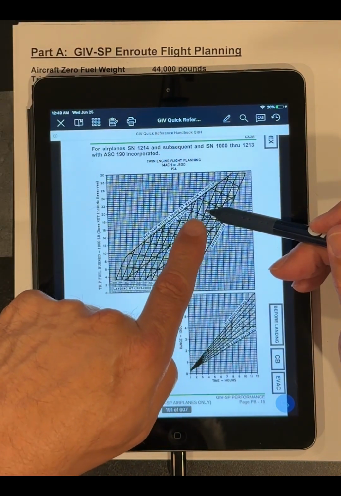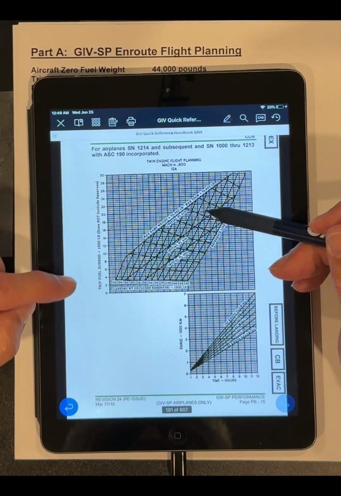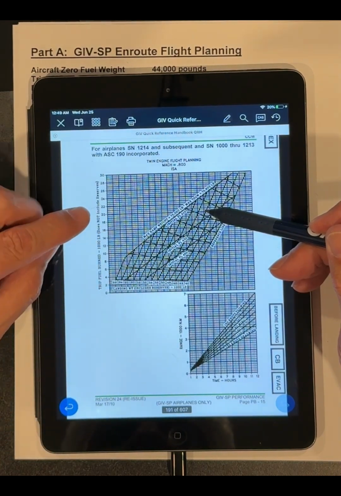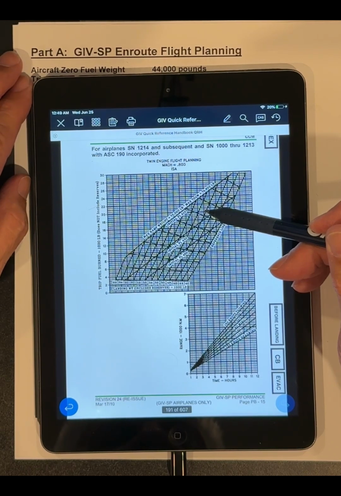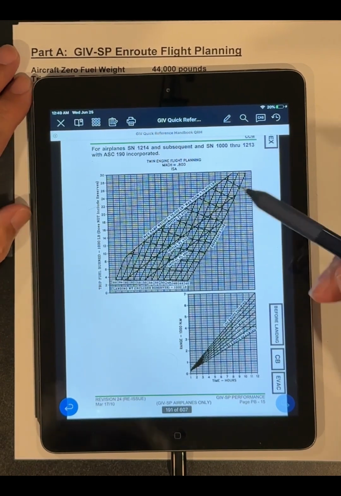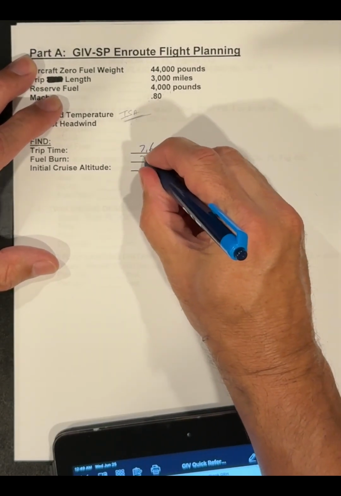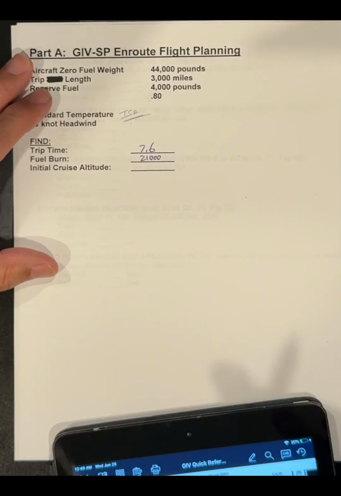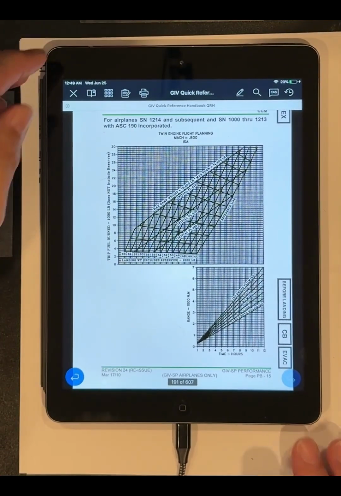At this point, we can go horizontal to the left, and we will find out how much fuel we're going to burn. All the way over here, we've got 20, 21, 22. It looks like 21,000 pounds-ish. So that's going to complete the fuel burn. 21,000 pounds.